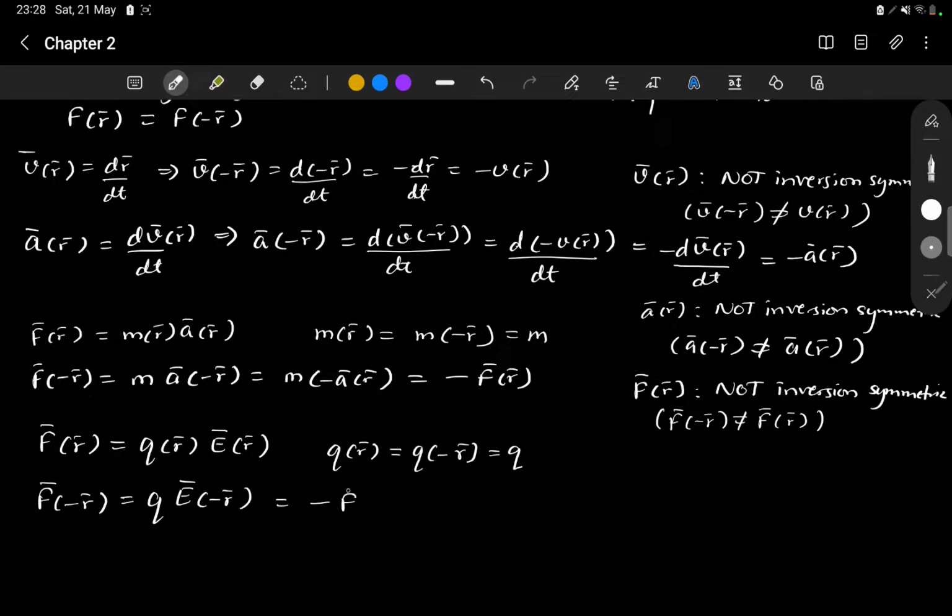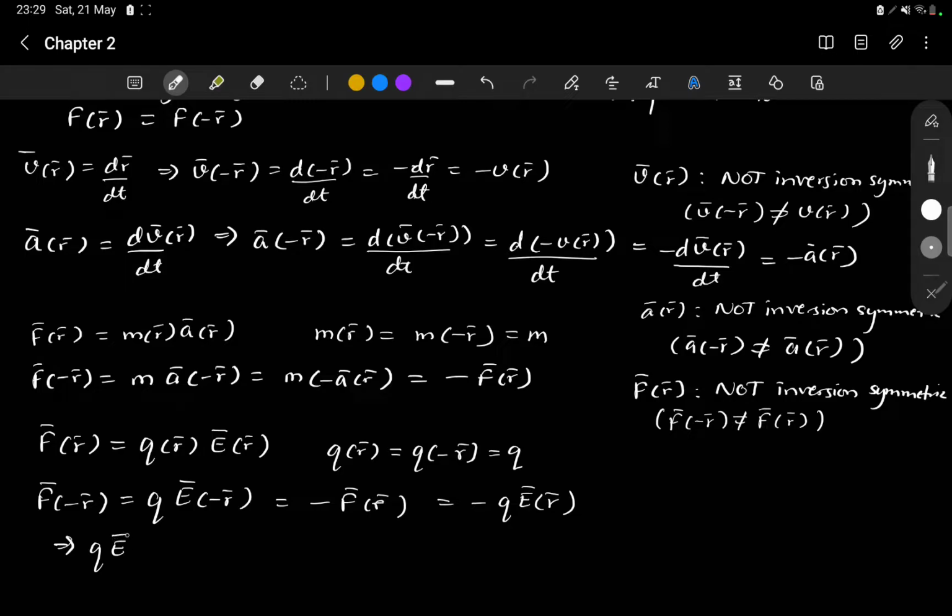So we know that this is going to be negative of force at R. And force at R is equal to Q times electric field at R. This is by definition.